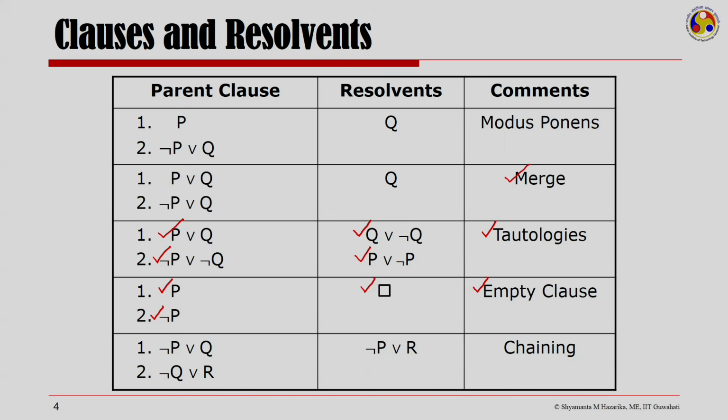The other example here is about chaining, which is if I have P implies Q and I have Q implies R. So, these implications are now written in clausal form as disjunctions of not P or Q and not Q or R. And if I take these two clauses as parent clause and resolve them, I have not P or R, which is P implies R, and this is the inference rule of chaining.